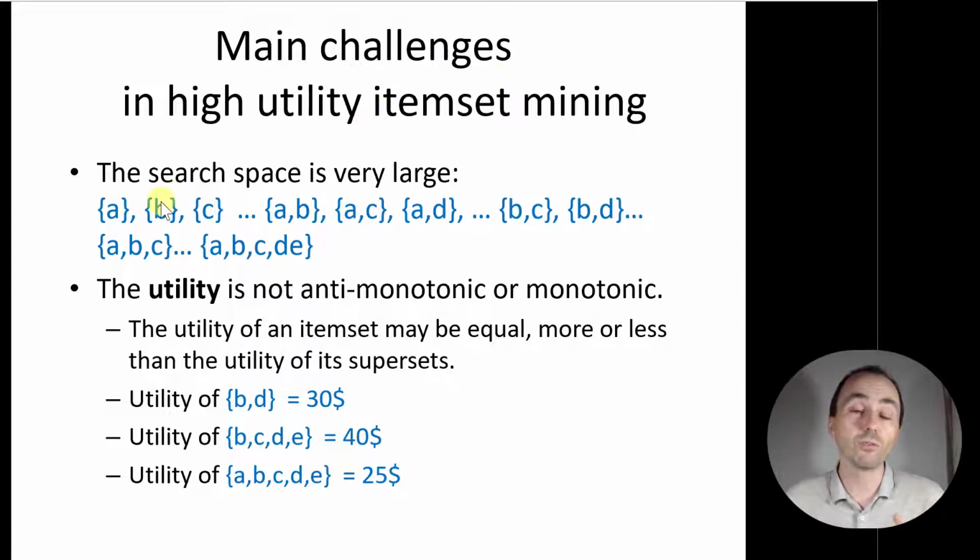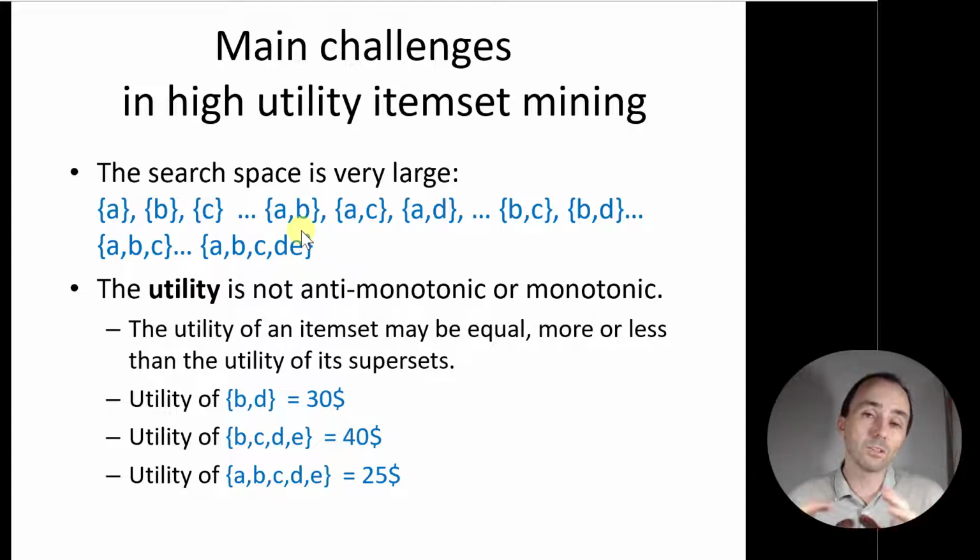First, if we want to find a high utility item set, we need to search through the different combinations, what we call the search space. Like we can have A, apple, B, bread, C, cake. Then the combinations like AB, AC, AD, BC, BD, ABC, ABCDE, and so on. Okay, there are many combinations.